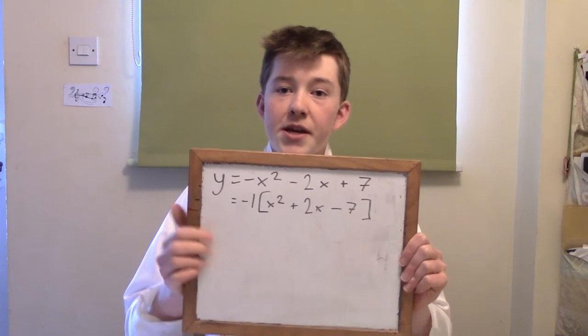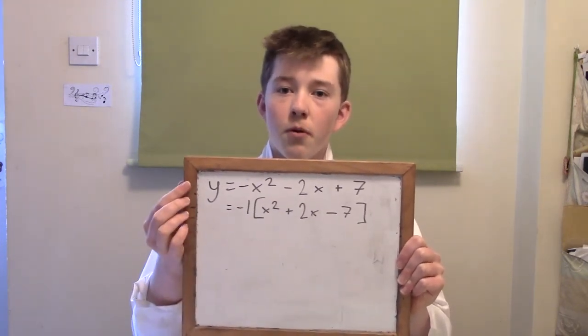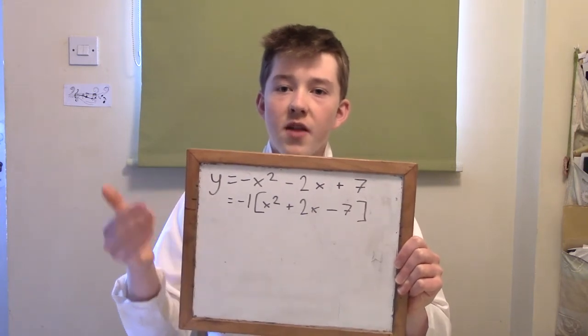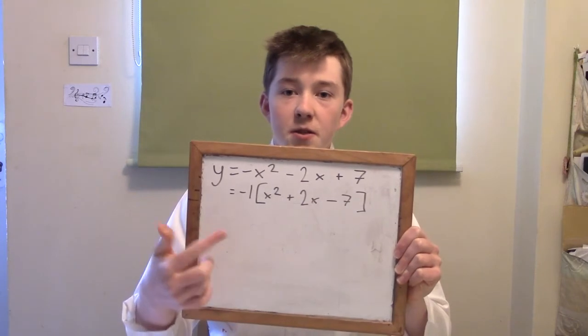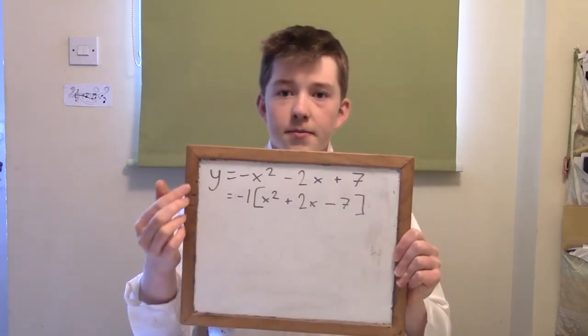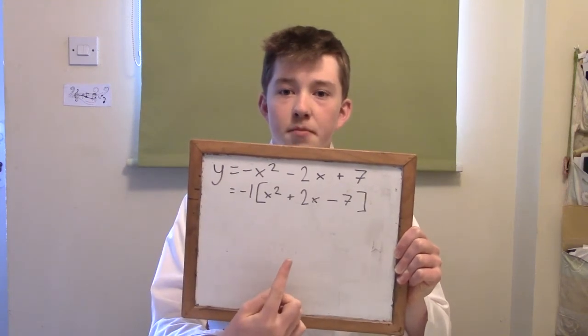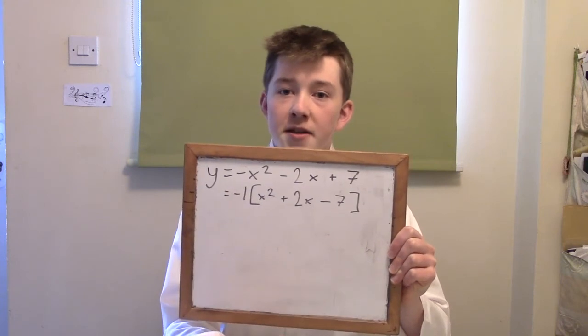However, you need to be careful with the signs, because like with the 2 before, we need to divide everything in the brackets by the factor we're taking out, which means the signs plus and minus swap over inside the square brackets. So the minus 2x becomes a plus 2x, and the plus 7 becomes a minus 7.